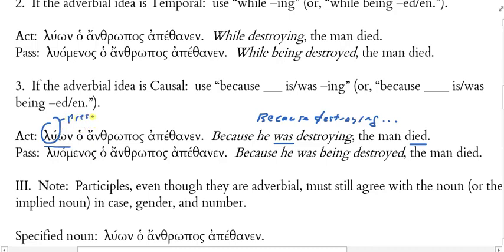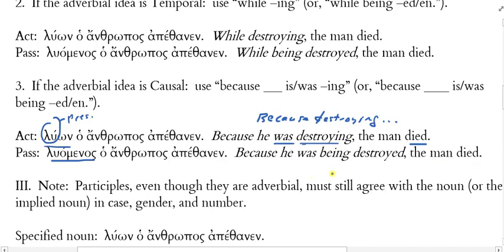Does that mean that the participle is present time? No. Remember, the participle's use of a present stem versus an aorist stem has nothing to do with absolute time. It has to do with aspect. And that's why I've translated this with a progressive sort of notion. Because he was destroying, the man died. And then over here, luomenos, if it's causal, then I'm going to translate it as because he was being destroyed, the man died. Okay?